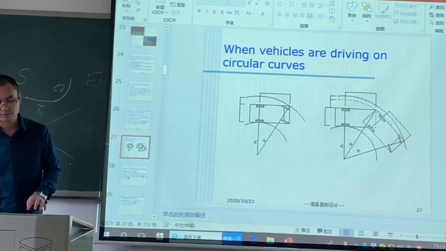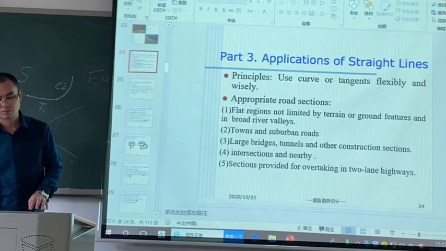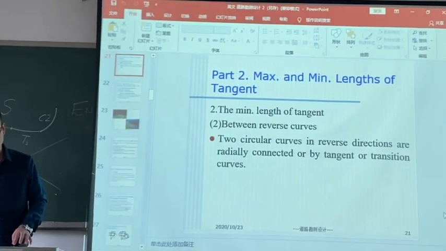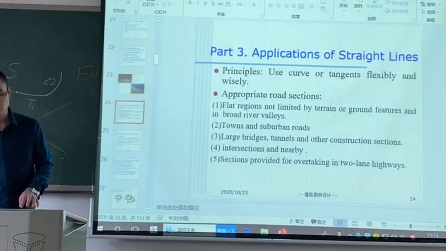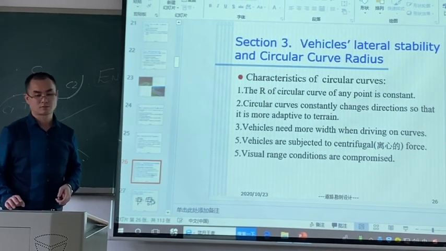How many? Four. And the characteristics of the circular curve. How many? Which page? This one. Five.